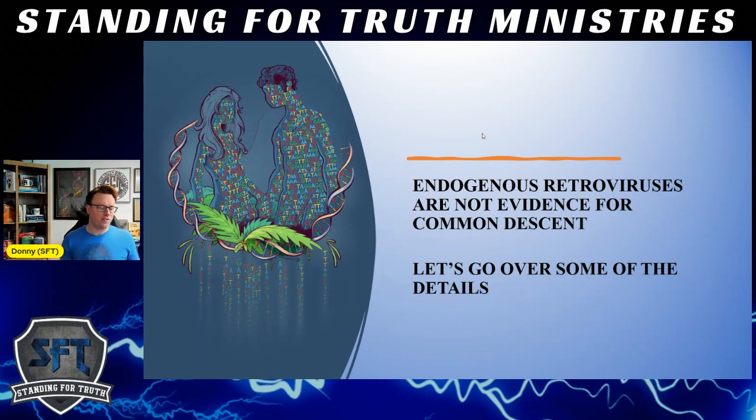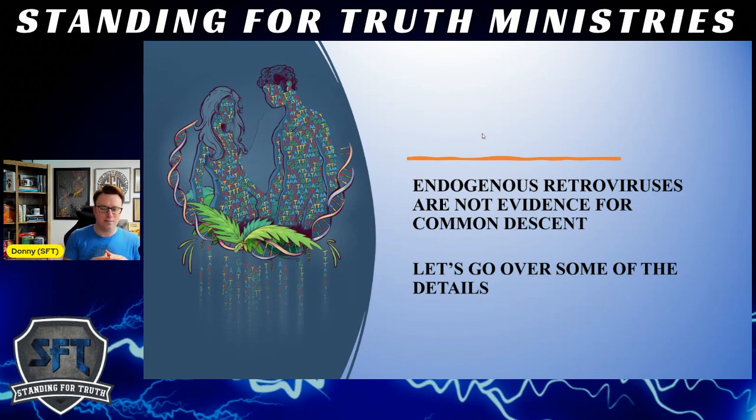So for this specific video, I want to focus on a line of argumentation that comes from the components of ERVs. And the components I'm thinking of are integrase, the way retroviruses can integrate into genomes of living organisms, and also reverse transcription, right?